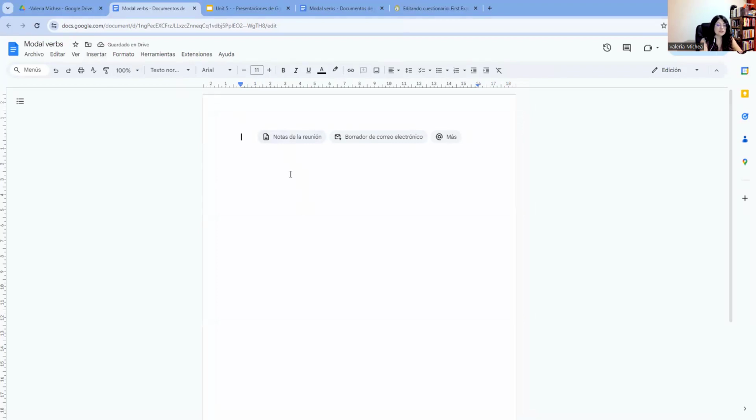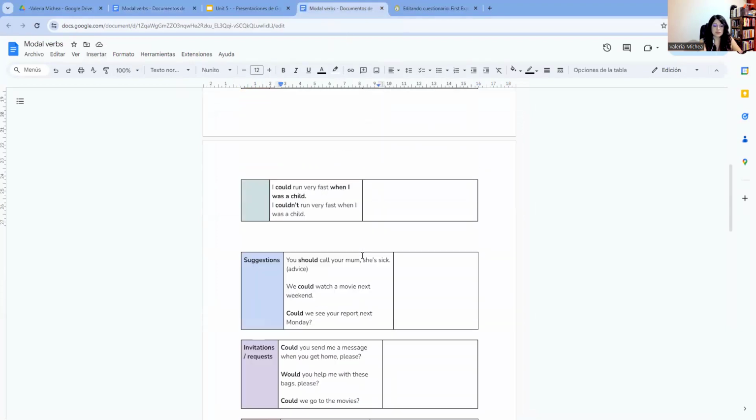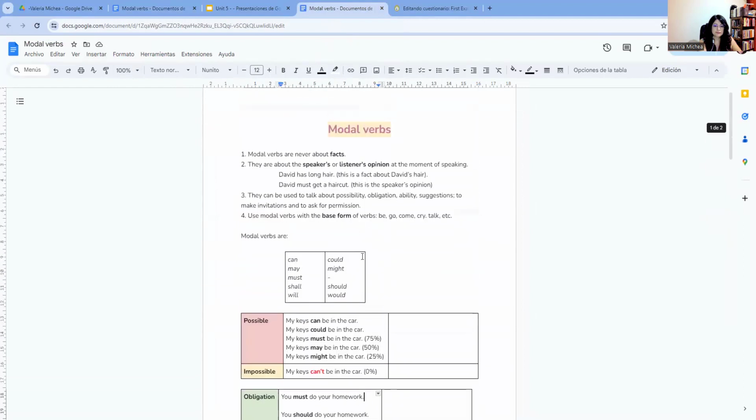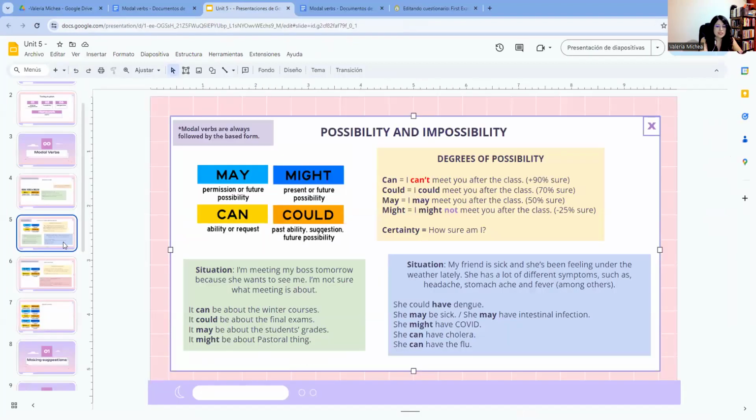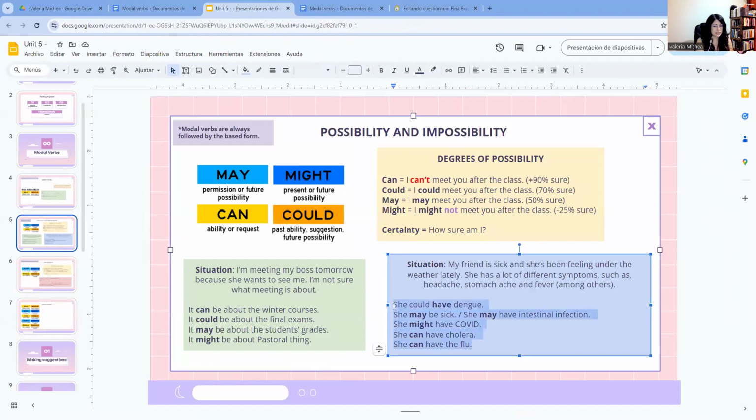Based on the document that I'm going to share with you, you need to write a text about a situation. What kind of situation? Like the situations that we talked about last class. You have to create a situation and then write a text, not a list of sentences, explaining what could have happened to a given person in the situation.